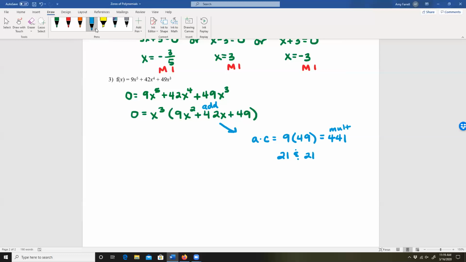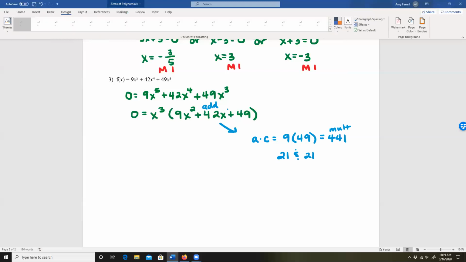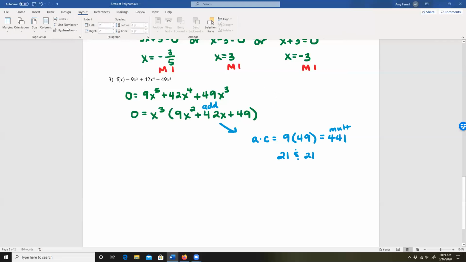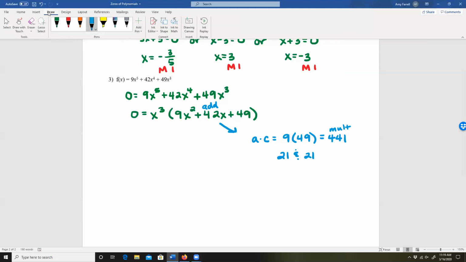So I'm actually realizing now that this is a perfect square trinomial. So we'll see what that means in terms of factoring here in a second, but I'm just going to continue with the AC method. So the AC method, I replace my 42x in the middle with a 21x plus 21x.